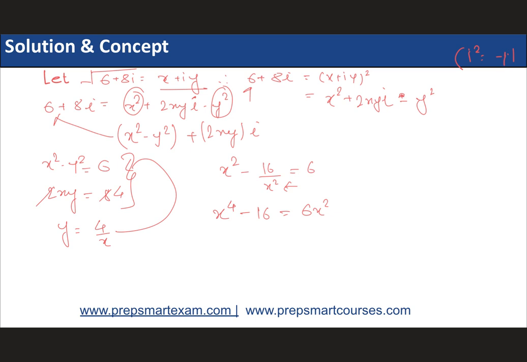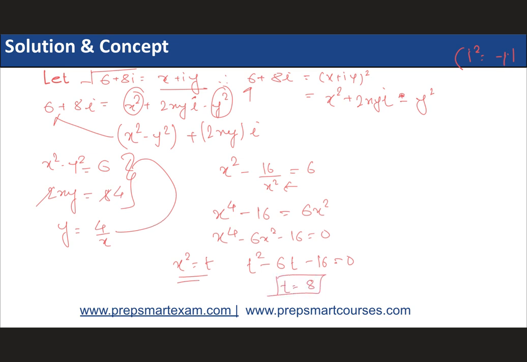Now just make sure everything is on one side, so we just reshuffle it. x to the power 4 minus 6x square minus 16 is equal to 0. If we treat x square as t, then we can convert this into a standard quadratic equation. So this becomes t square minus 6t minus 16 is equal to 0. If you are able to solve this quadratic equation, you will easily get the value of t as 8.